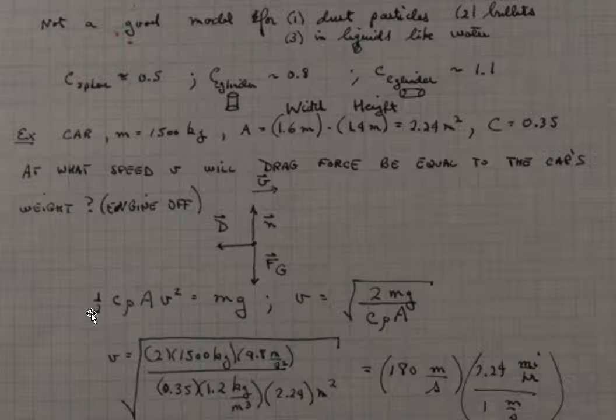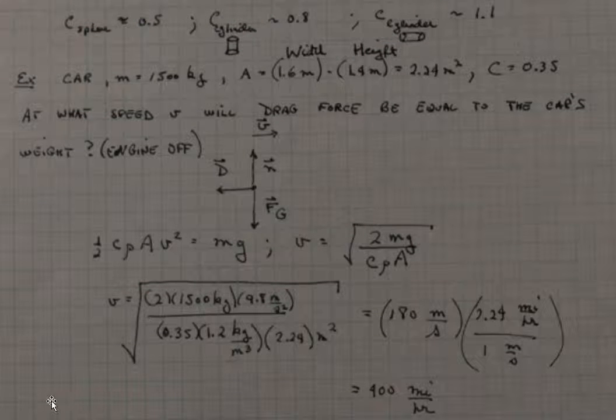We are assuming that the magnitude of the drag force is equal to the weight of the car, and so we can solve for v. If we do, we would get the square root of 2mg over C times rho times A. So plugging the numbers in: 2 times 1500 kgs, 9.8 meters per second squared, 0.35 for the C factor, 1.2 kilograms per cubic meter for the air mass density, 2.24 square meters for the cross-sectional area.